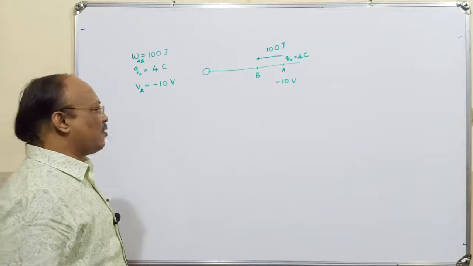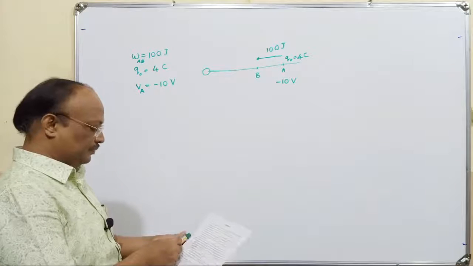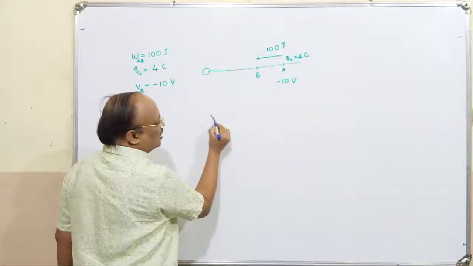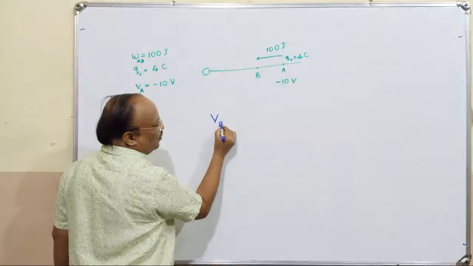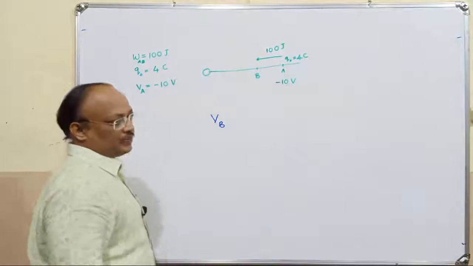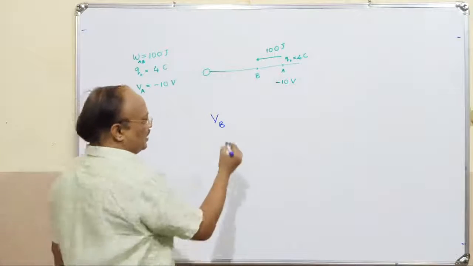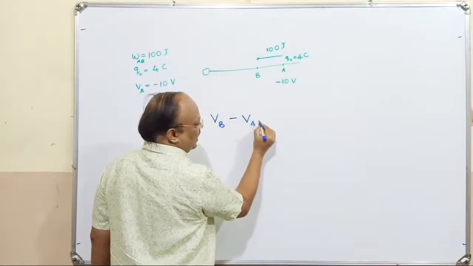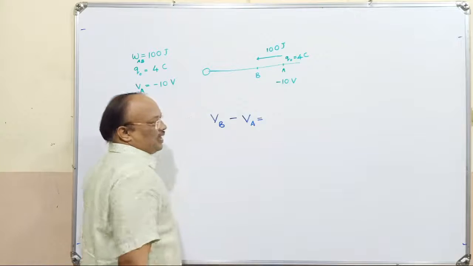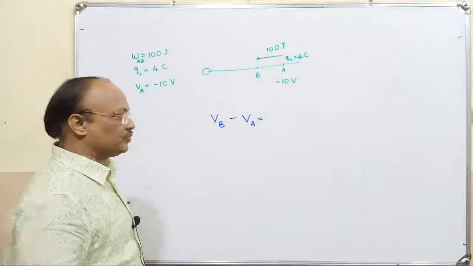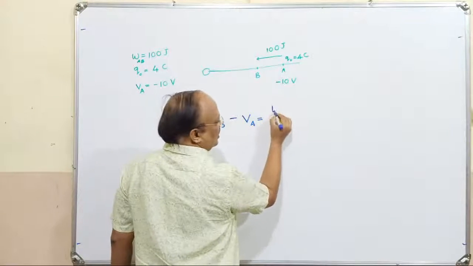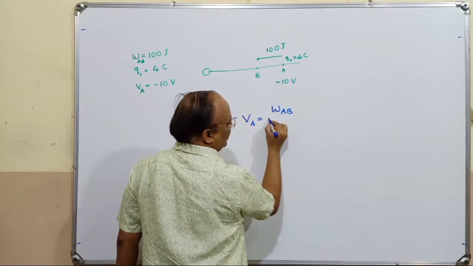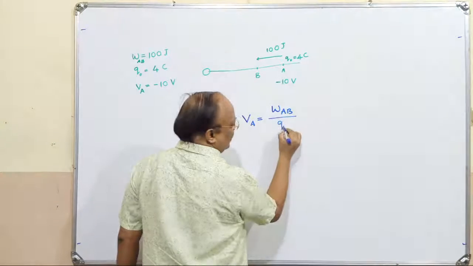Then what is the formula? VB, the potential at B, minus the potential at A is equal to WAB by Q naught.